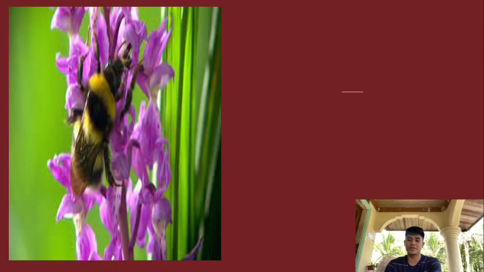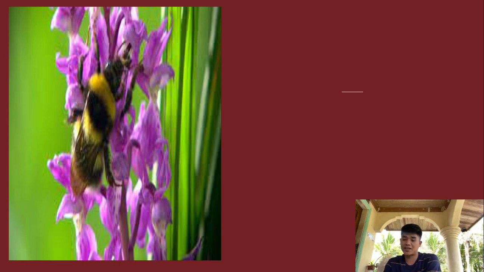What have you observed in this interaction, class? What species or organisms have you seen in this? That's right, bees and the flower of the orchid. Who benefited from this interaction? They both benefited.